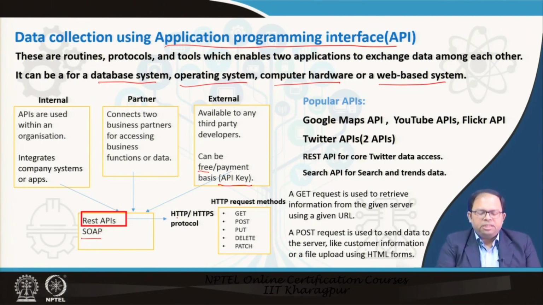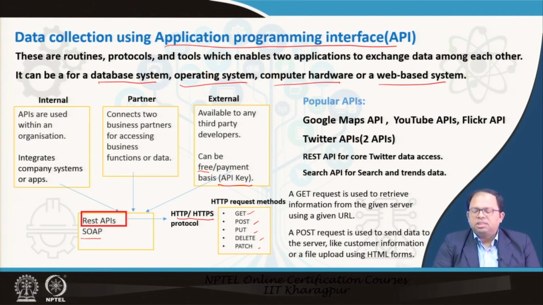And HTTP and HTTPS protocols are the ways the information is sent between these two APIs, from the program to that particular API of another program. There are different HTTP request methods such as GET, POST, PUT, DELETE and PATCH.